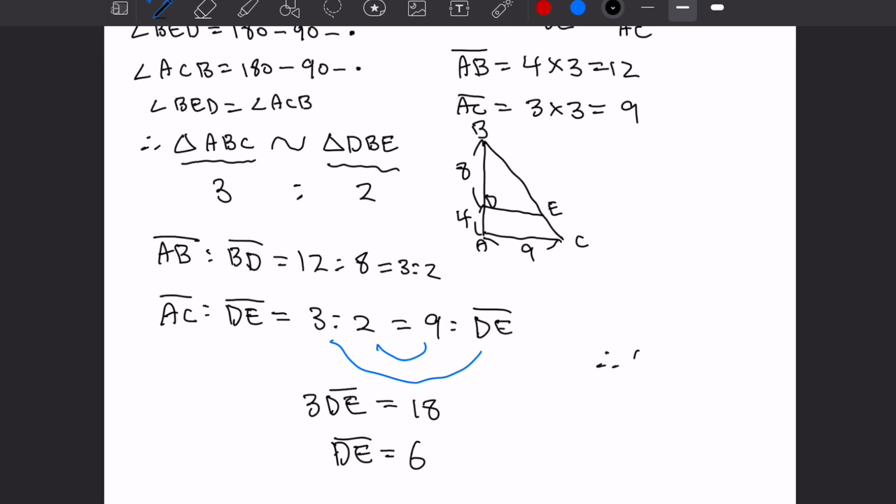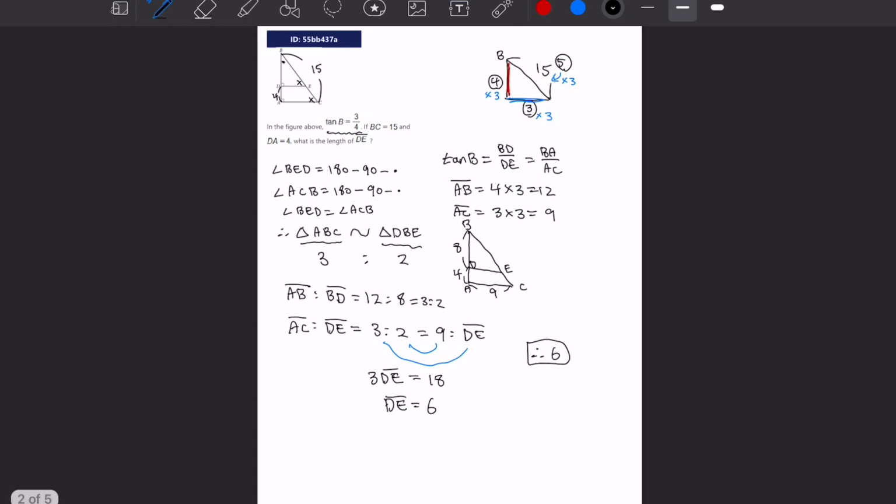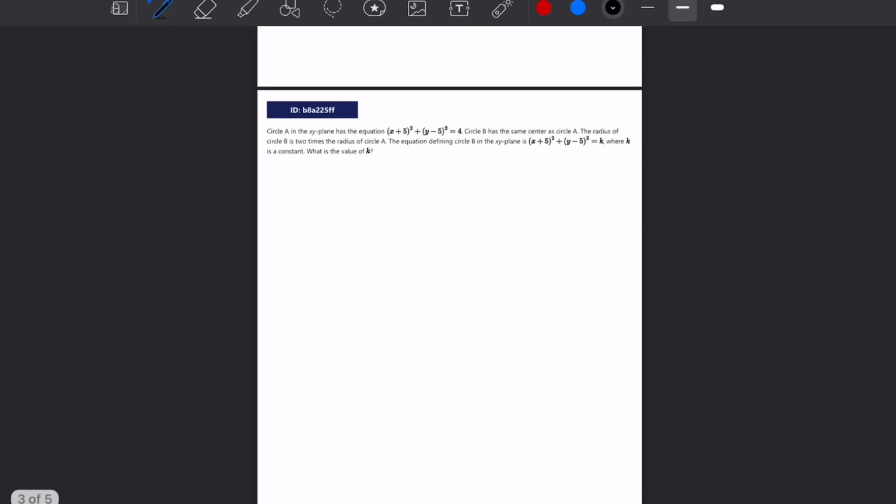So our final answer is 6. So this was a pretty hard question, I would say, because you need to find similar triangles, use the tangent B, and finally use the ratios to find the answer. So we found the answer and we'll move on to the next question.